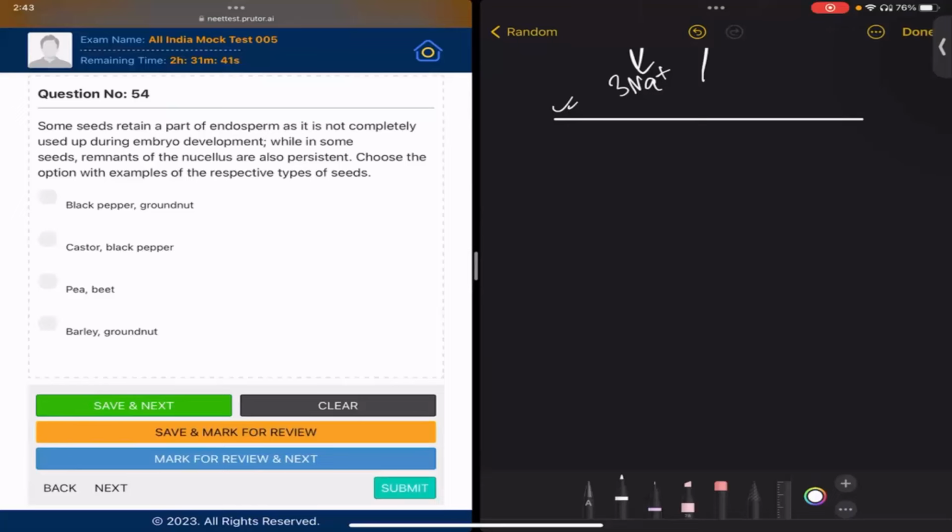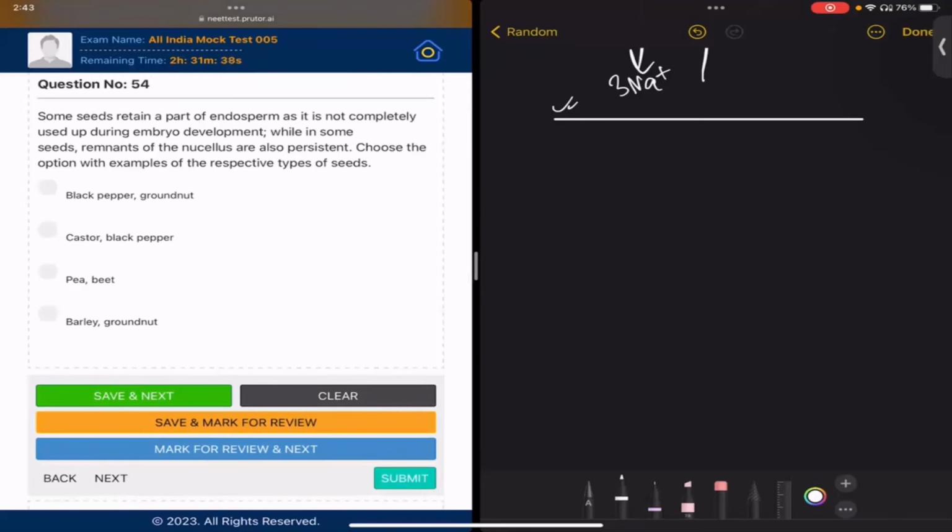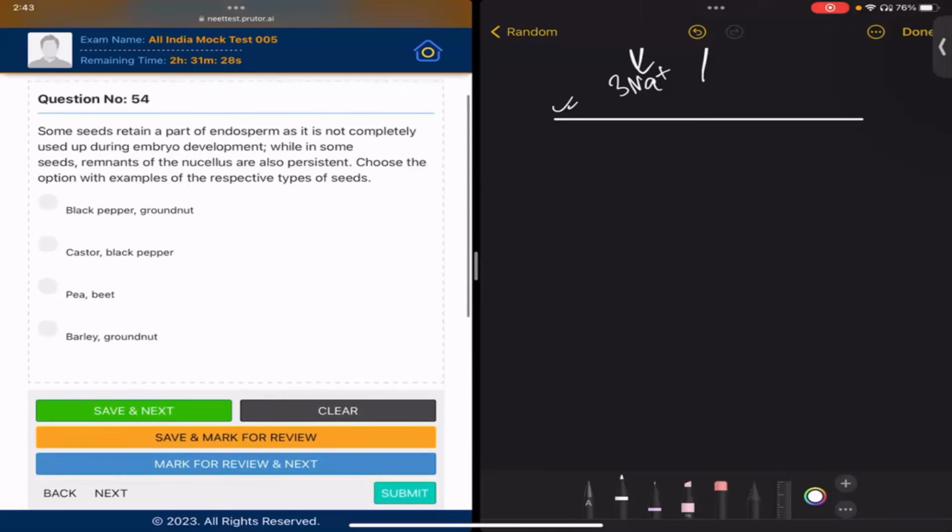While in some, okay, respective side type. तो कुछ में एंडोस्पर्म रिटेन होता है, कुछ में एंडोस्पर्म रिटेन नहीं होता है. ठीक है. तो रिटेन्ड वाले में क्या क्या आ जाएगा? डाइकॉट्स में एक्चुअली रिटेन नहीं होता है. तो वी कैन सी कि कौन डाइकॉट है यहाँ से, थोड़ा आइडिया लग जाएगा हम लोग को. ब्लैक पेपर, कैस्टर, पीस, डाइकॉट उसमें रिटेन नहीं होगा, तो ये ऑप्शन गलत हो जाएगा. ग्राउंडनट में रिटेन होता है, तो रिटेन वाले में ग्राउंडनट वुड बी सही. ब्लैक पेपर इज ऑल्सो देयर. बार्ले इज ऑल्सो देयर. Monocot and dicot. Barley is, I guess, monocot. So monocot and dicot. Option number 4 सही होना चाहिए.